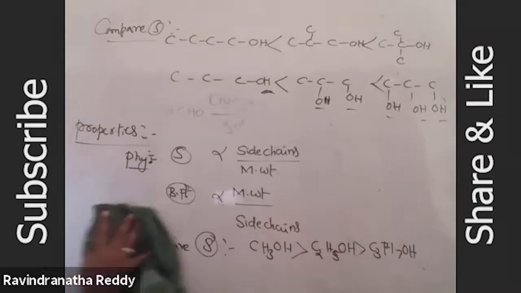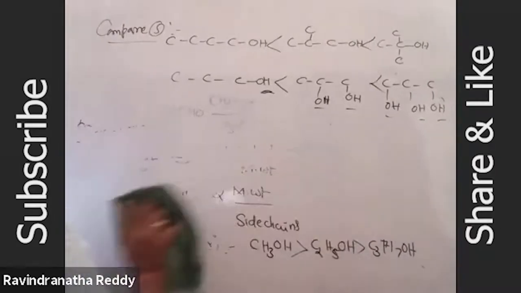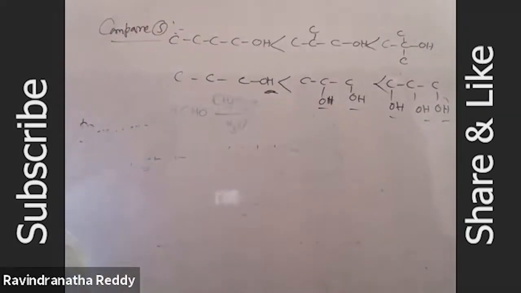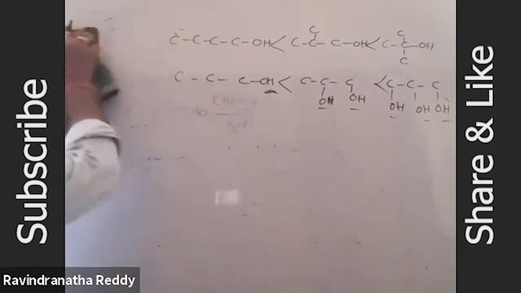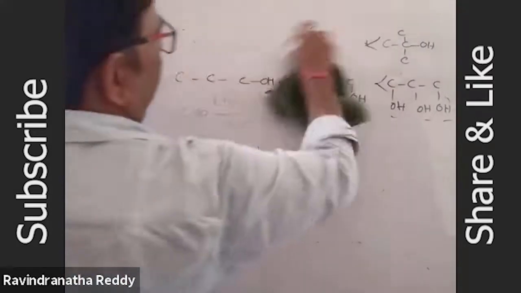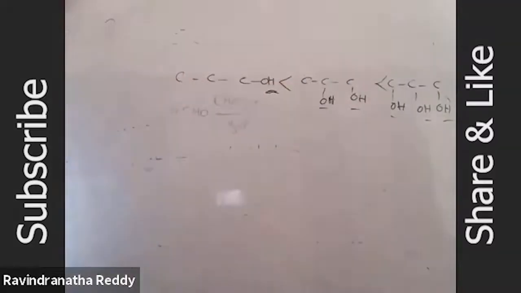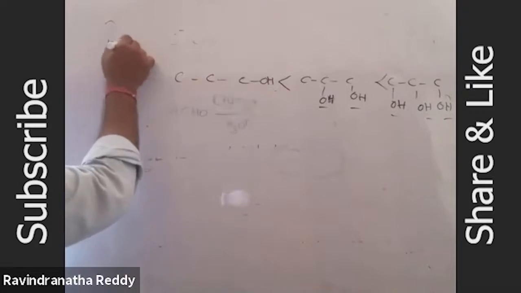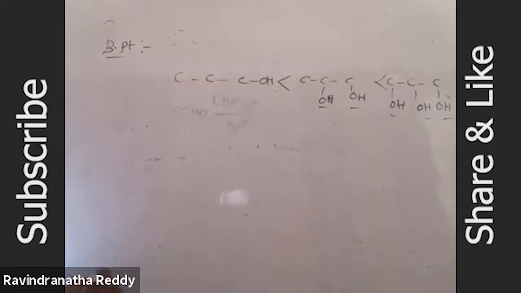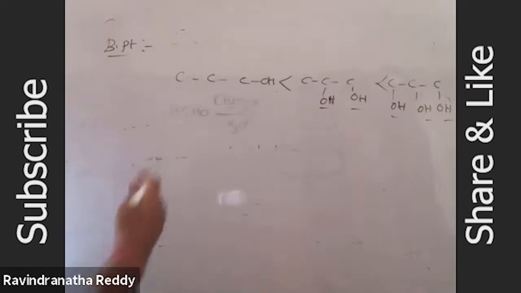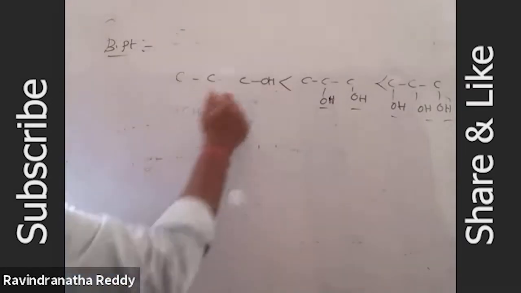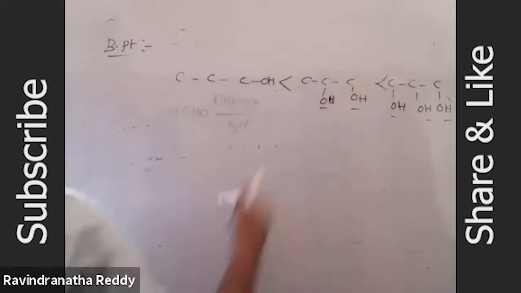So boiling points also we can compare. Number of hydrogen bonds more, boiling point is more. Suppose here question, compare boiling point. Suppose 3 structures are given. What is the boiling point order? Where is boiling point more? Number of OH groups are more, hydrogen bonds are more, boiling point is more. So 1, 2, 3: 3 has the highest boiling point.